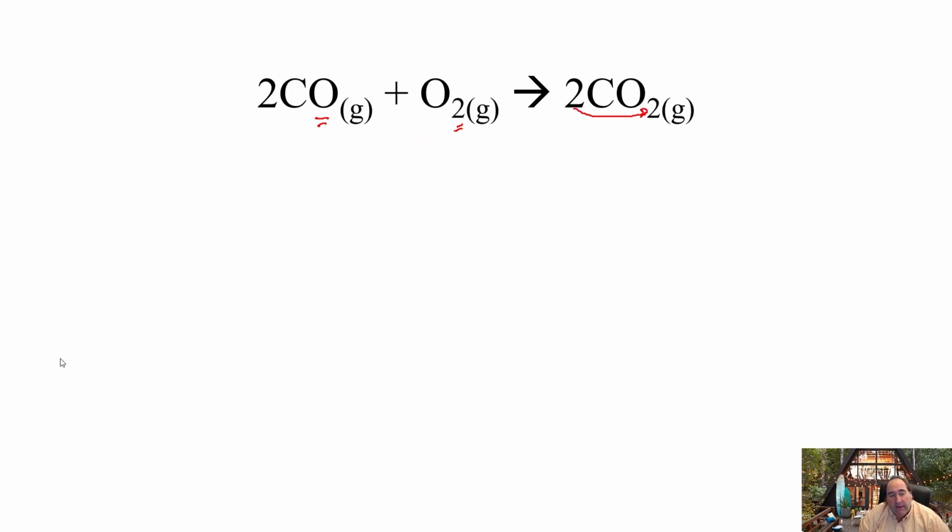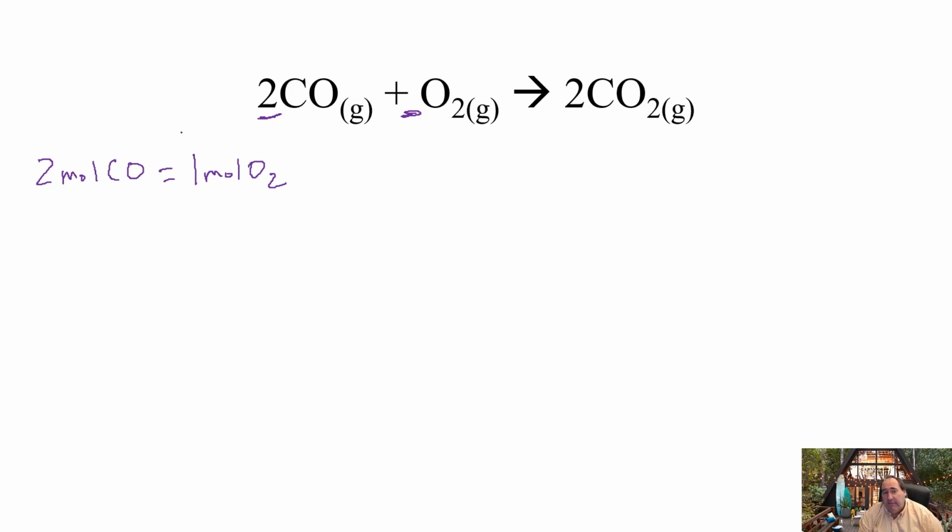So from this one equation, we actually can come up with several relationships or stoichiometric relationships that we can use in a problem. So for example, here, we could say that for every 2 moles of CO that I put in there, and again, that's coming right there from the coefficient, I would have to put in there 1 mole of O2.